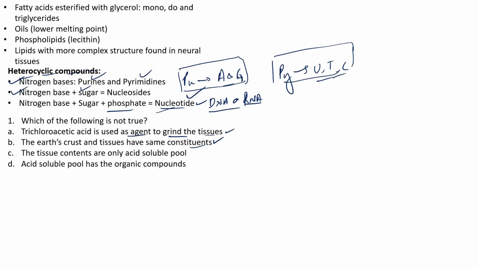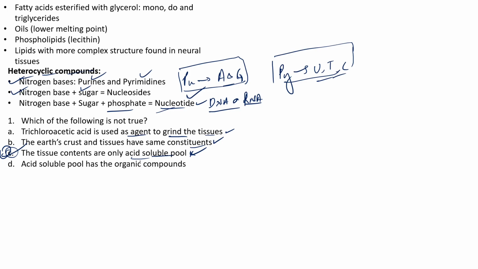Finally, the third statement is that the tissue contents are only acid soluble. No, that is not the case. Hence C is the right answer, because you find two fractions, the acid soluble pool and the acid insoluble pool. The acid soluble pool is present in the filtrate, and the remaining solid precipitate in the muslin cloth is the acid insoluble pool.